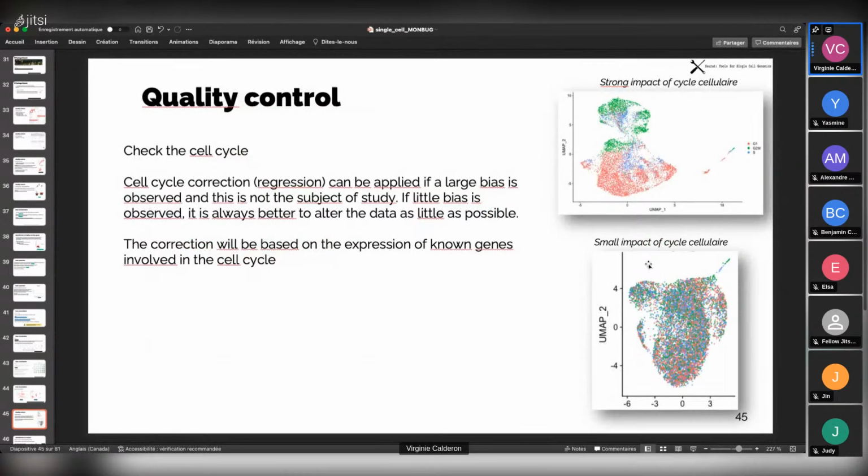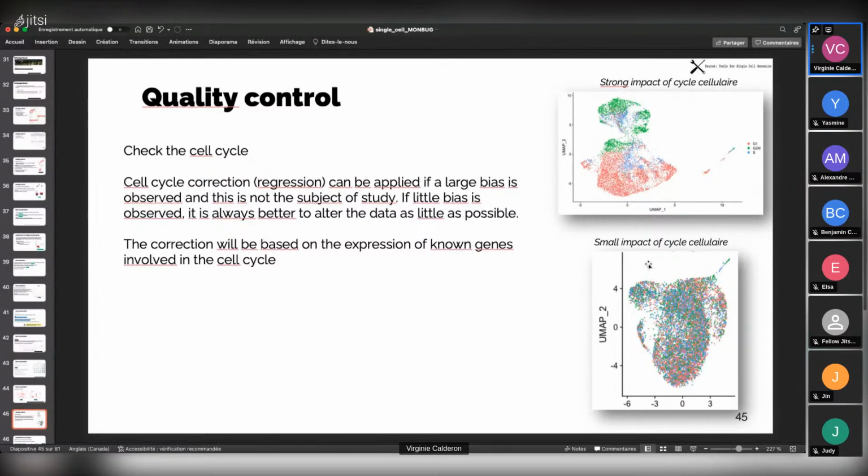Okay, so now we have the projections, the t-SNE and the UMAP. So we can perform a next quality control. We cannot do this before we have computed the projection. So now that we have it, we can check for the cell cycle, for example. So why are we checking on this? Because with the cell cycle, you can see that in your experiment, the cells are not synchronized.